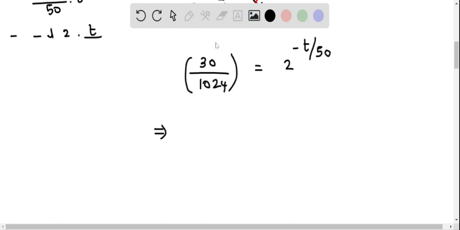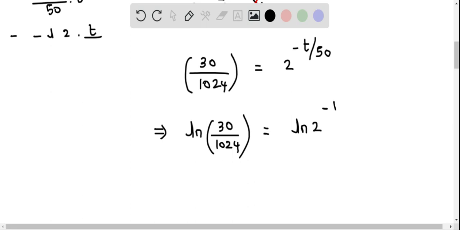Okay, so let's apply natural logarithm to both sides here. We have a natural logarithm of 30 over 1024, and this equals natural logarithm of 2 raised to the power of negative t over 50.